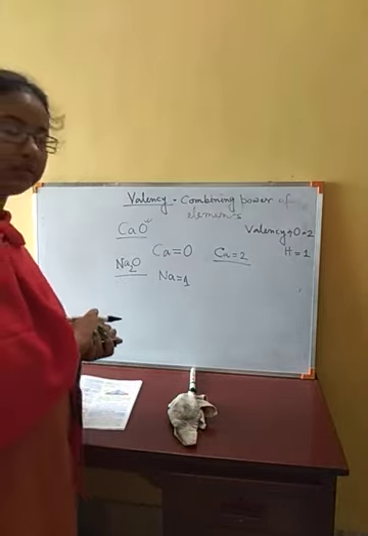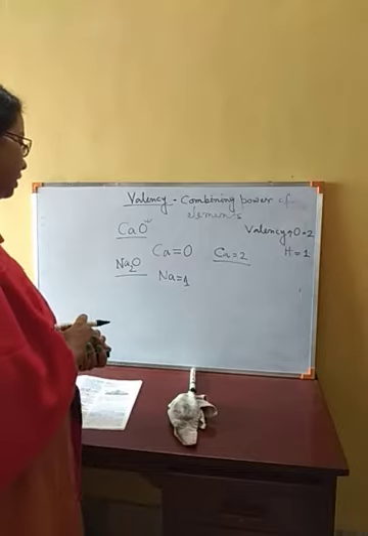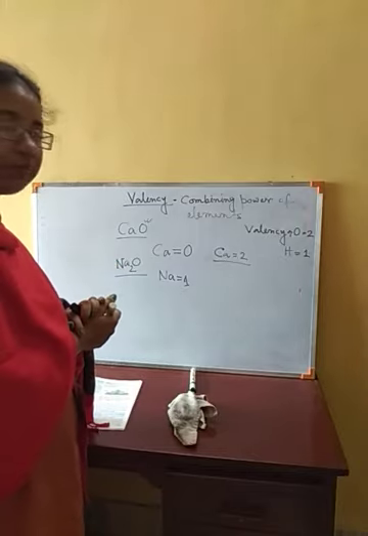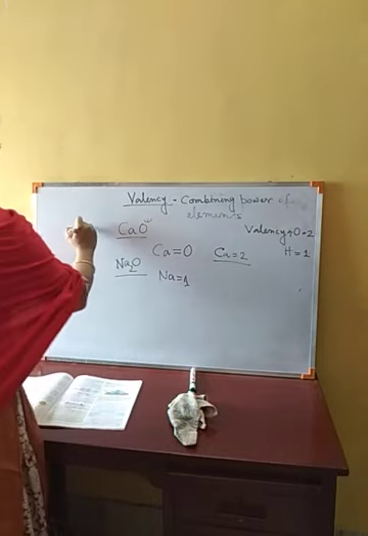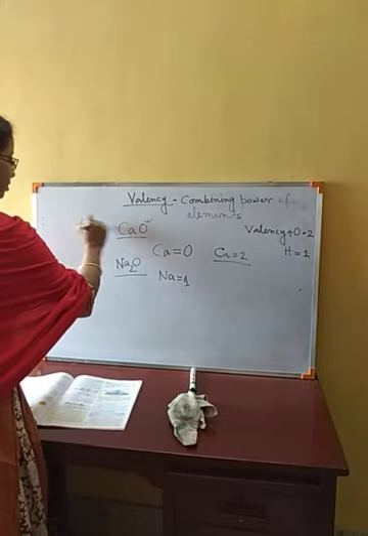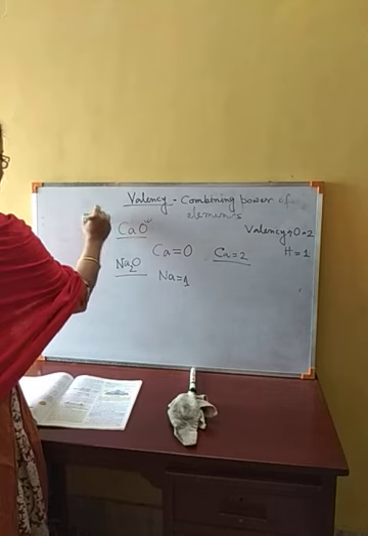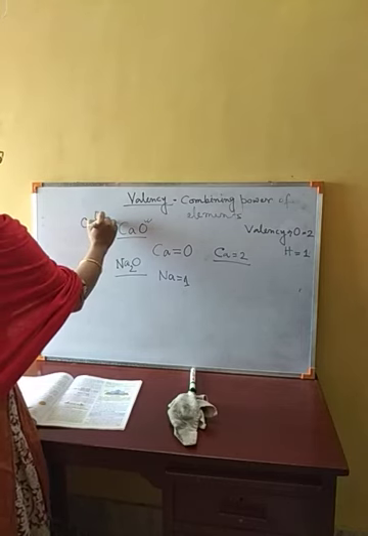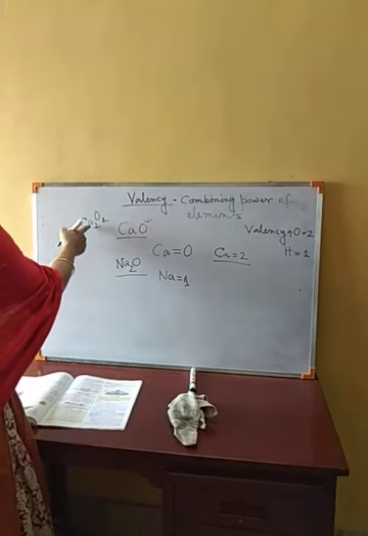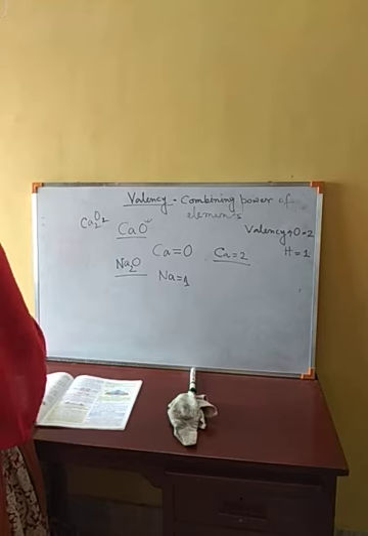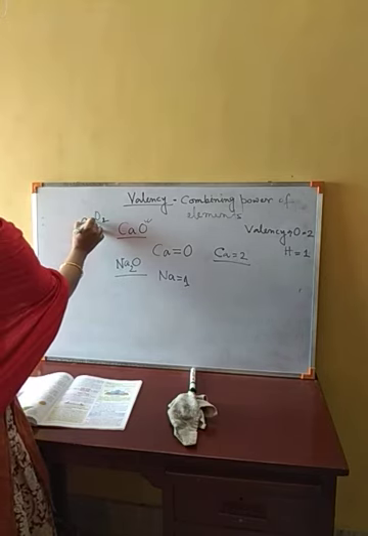Two things are there in the construction of formulas. If the same valency is there, like for calcium oxide, calcium's valency is 2 and oxygen's valency is also 2. So this 2 from calcium will go to oxygen as a subscript, and the valency of oxygen will go to calcium as a subscript.